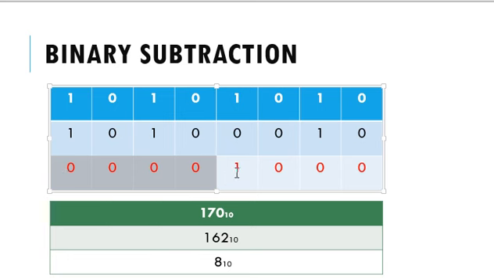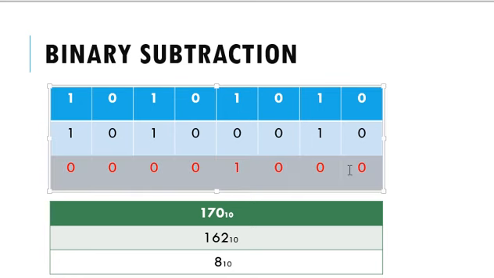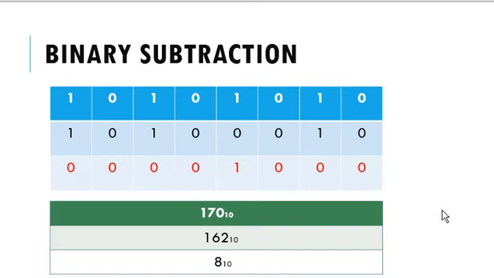Any zeros before 1 do not change the value of the binary number. Now class, if you check the result, it is equivalent to the decimal 8, radix 10. This one is an easy example.